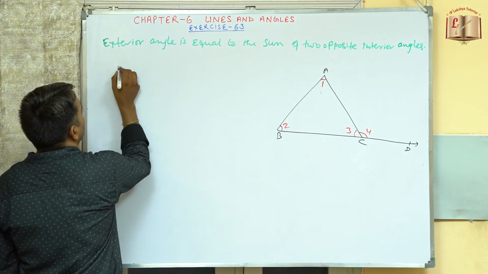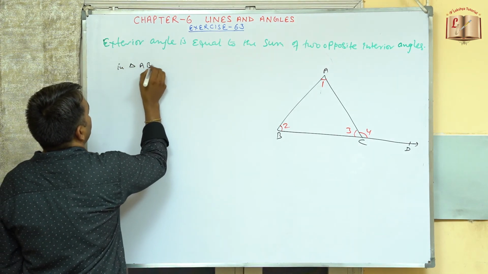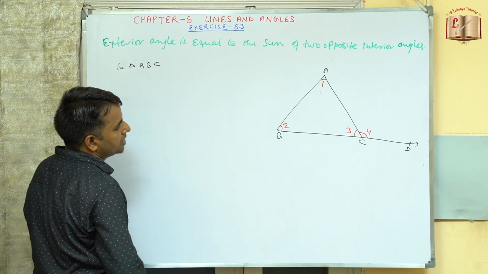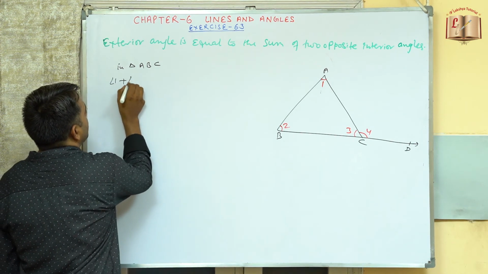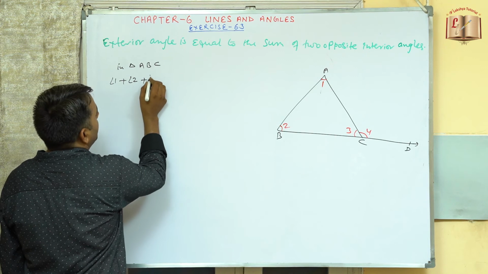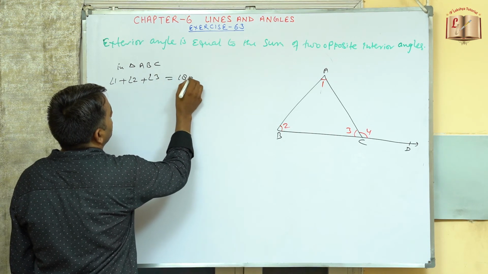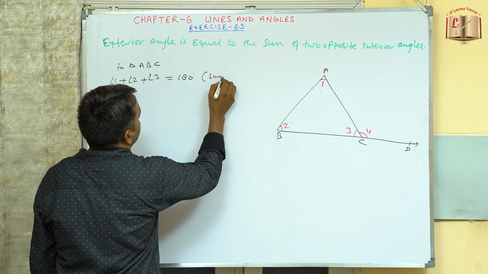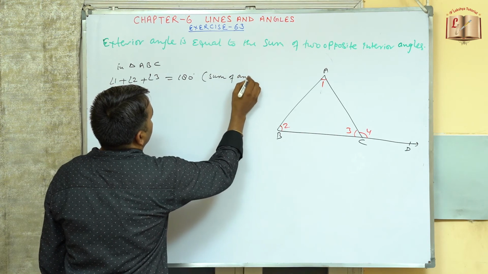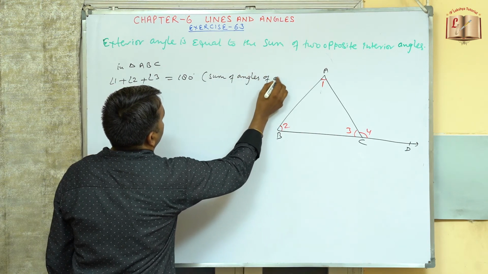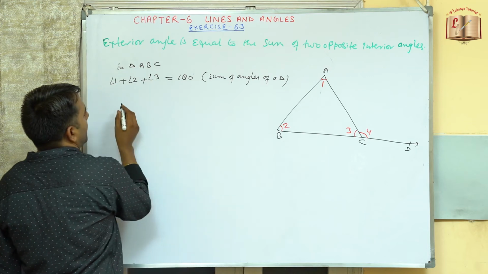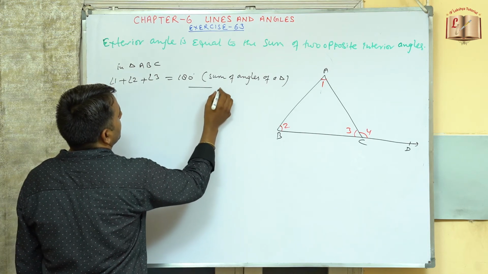Now in triangle ABC, angle 1 plus angle 2 plus angle 3 will be equal to 180 degrees, the sum of interior angles of a triangle. So this is equation number 1.